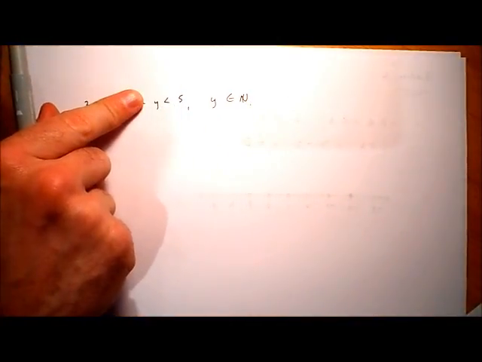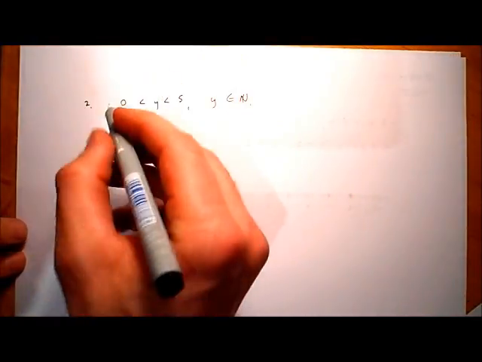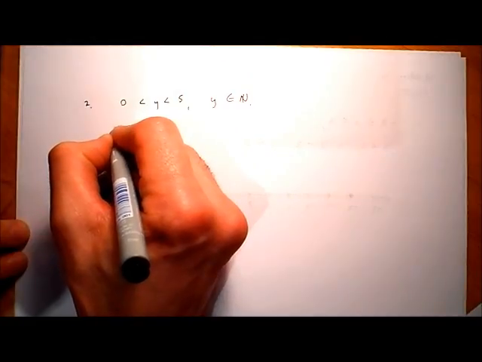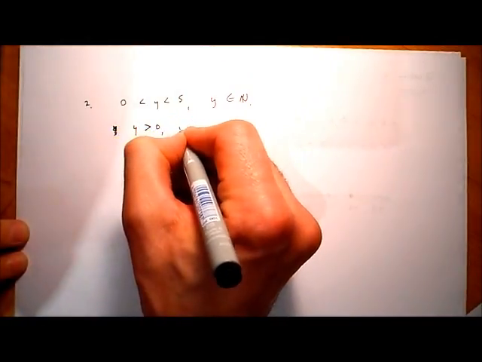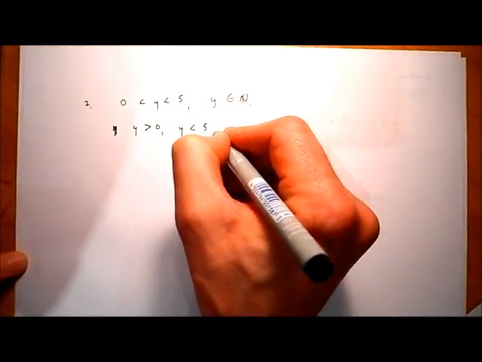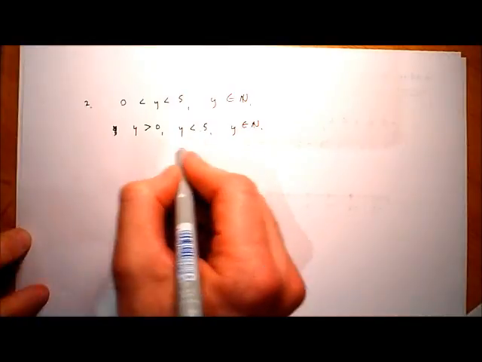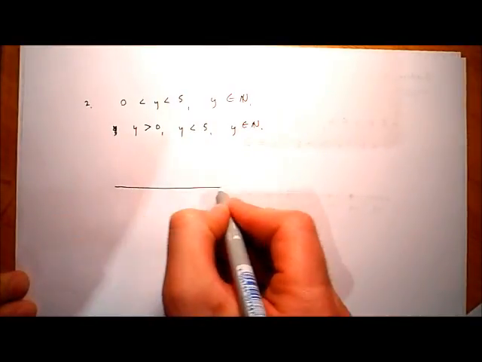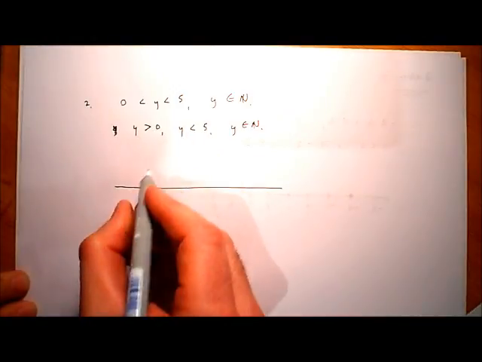If I read it that way, y is less than 5, but here it's saying that y is bigger than 0. So I could write that out again: y is bigger than 0, and y is less than 5, and y is a natural number. Some of you mightn't have to write it out like this, and that's fine. So let's draw all of the natural numbers that are bigger than 0 but less than 5.